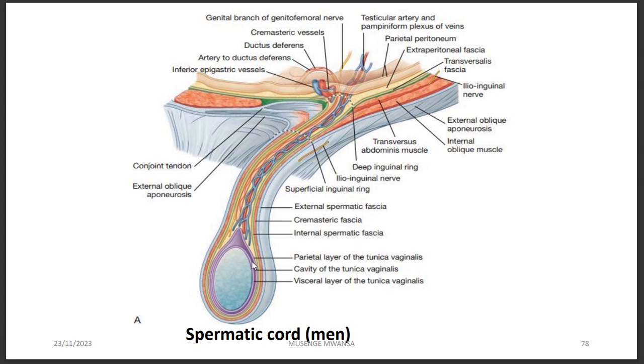And then inside you are going to also have the parietal layer of the tunica. You are going to have the tunica vaginalis. Tunica vaginalis is going to have the parietal and the visceral layer. Visceral layer is always the layer which is closest to the structure that you're talking about, and then the parietal. So the space between, the potential space between, is called the cavity of the tunica vaginalis.